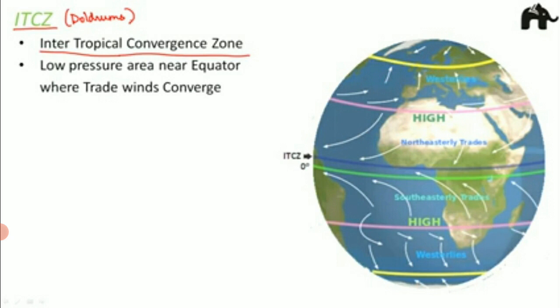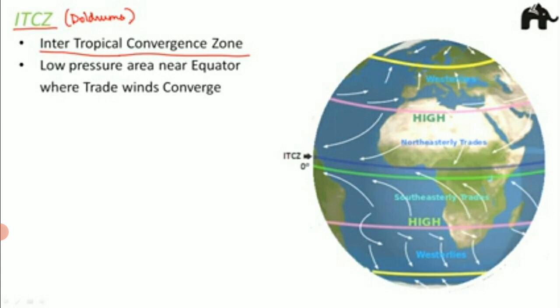This ITCZ is not always on the equator, but it shifts. It changes approximately from 20 degrees north to 20 degrees south.